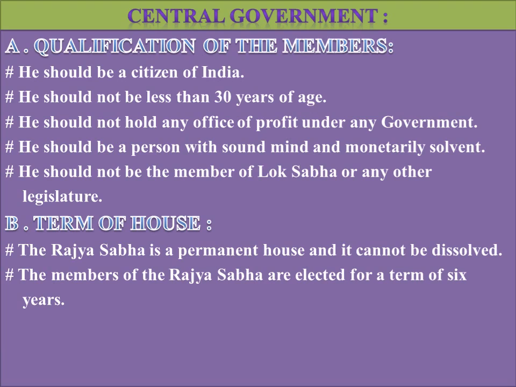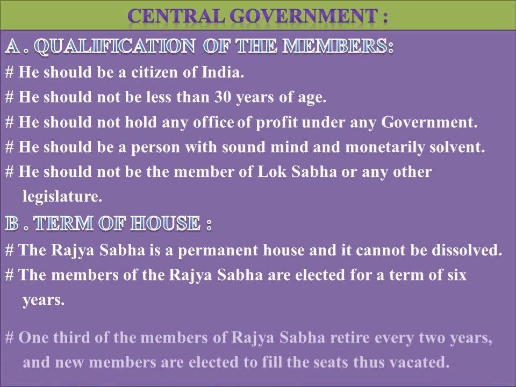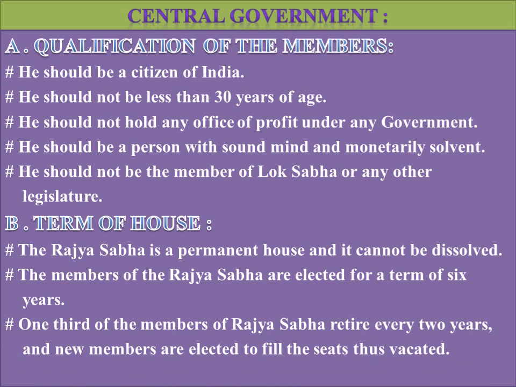One third of the members of Rajya Sabha retire every 2 years and new members are elected to fill the seats thus vacated. The Vice President of India is the ex officio chairperson of the Rajya Sabha. The deputy chairperson of the Rajya Sabha is elected by the members of the Rajya Sabha.